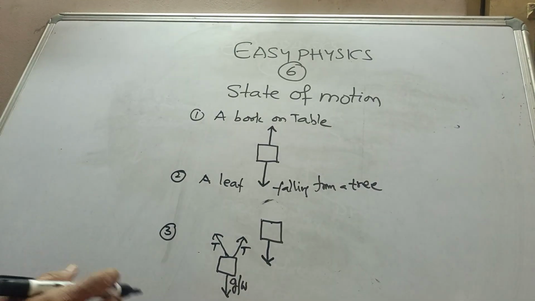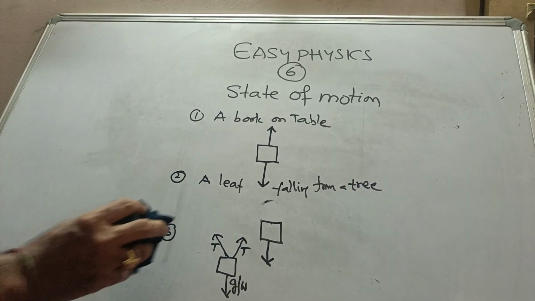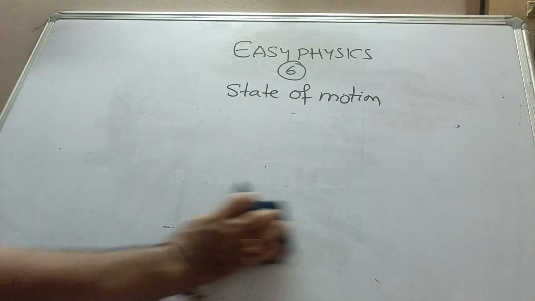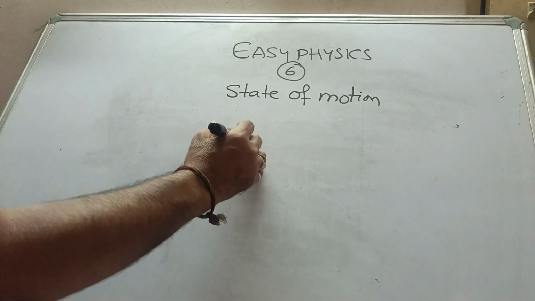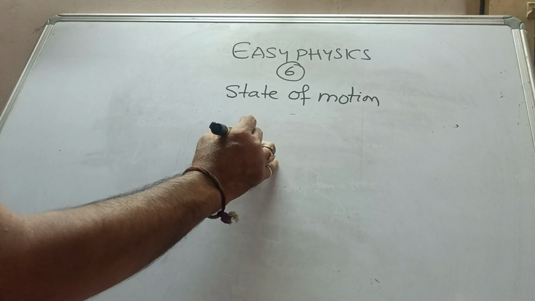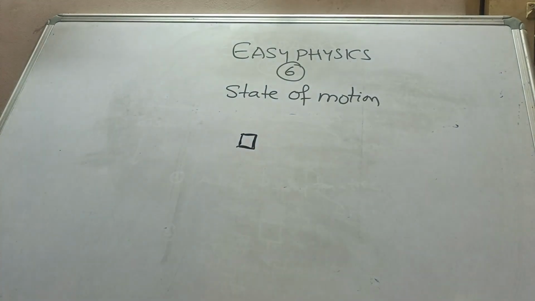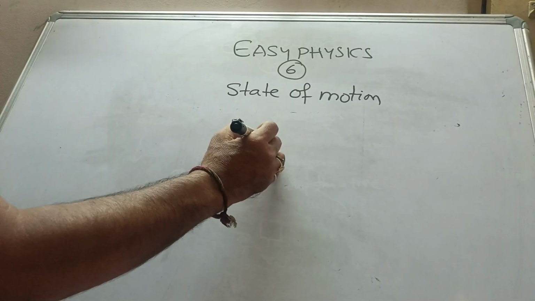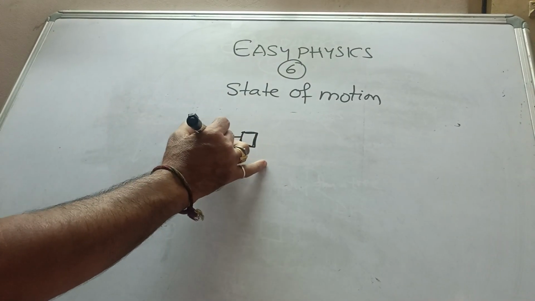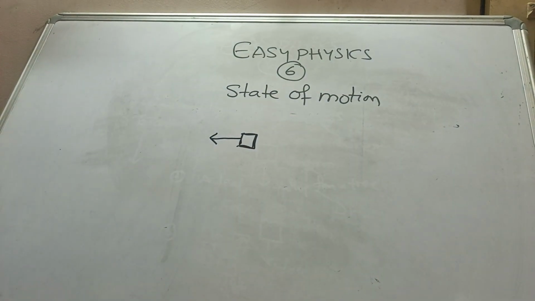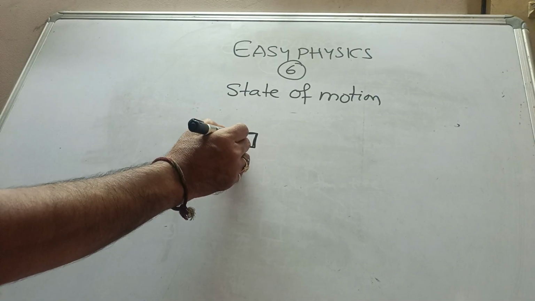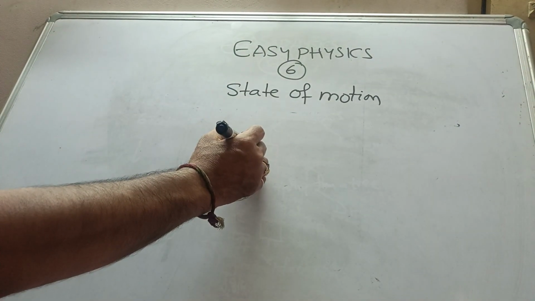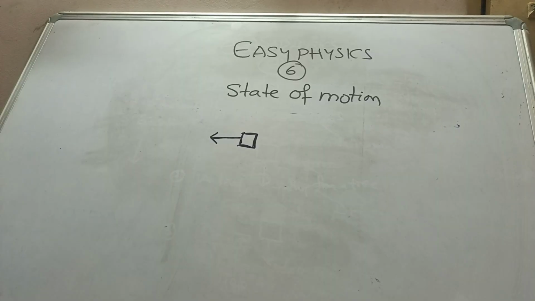I will give one more example. A block is drawn towards the left side. This is the block. Let us suppose it is drawn towards the left side. So you can put it like this. When it is drawn towards the left, automatically there will be a frictional force acting on it.